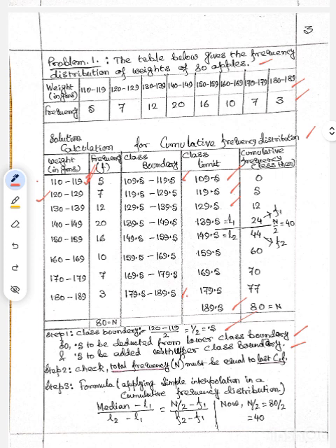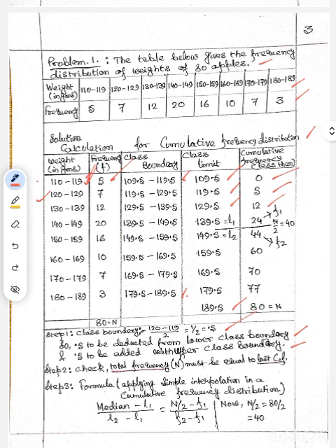So next, cumulative frequency, less than. Okay, so for 109.5, what is the frequency? Below 109.5 there are 0 apples, that means the cumulative frequency is 0, and at 119.5 it is 5. Thereafter at 129.5 it is 12, that is 5 plus 7, and so on.